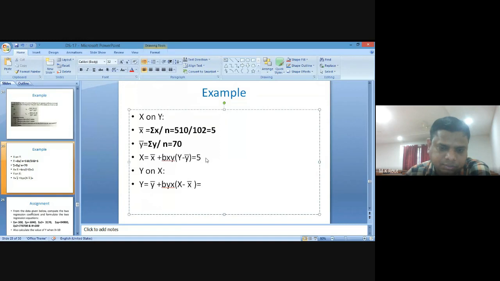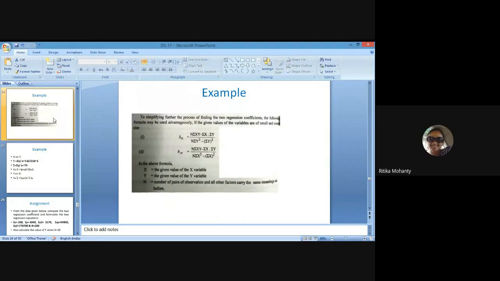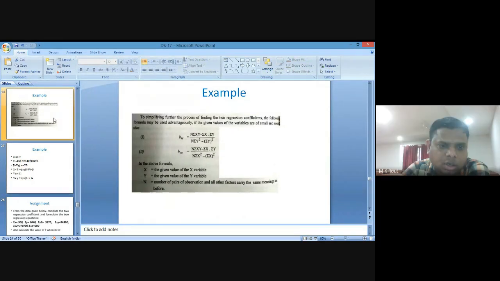The formula for bxy is written here: r into sigma x by sigma y. Not this one, this summation one: n into summation of xy. Instead of bxy, you have to write this one. Is it clear? Then after that you write y minus y bar.